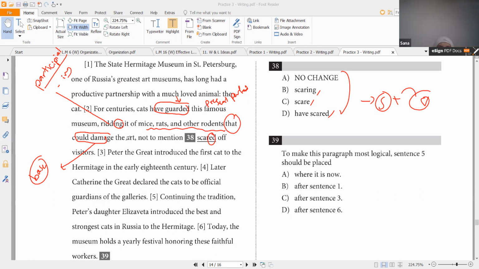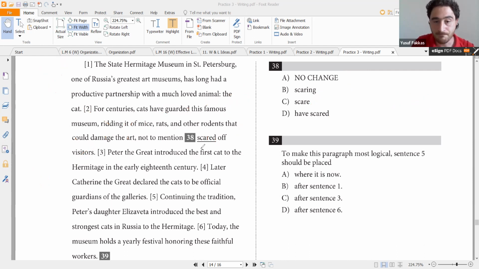So who could damage the art? The rodents. It's the mice and rats. Not to mention, which means in addition to, scare off visitors. So now I know that the verb scare is not about cats. Actually, it's about the mice, rats, and other rodents. Okay? They scare off visitors.